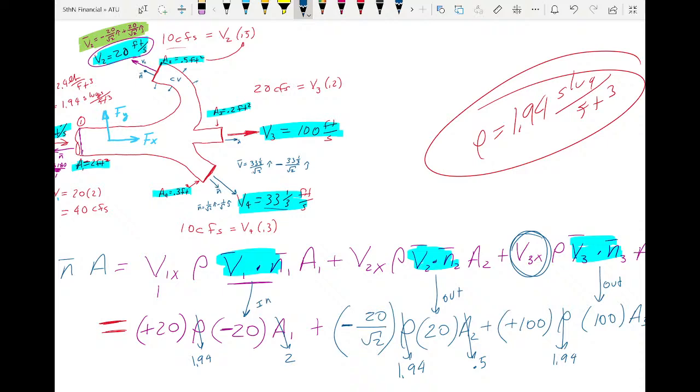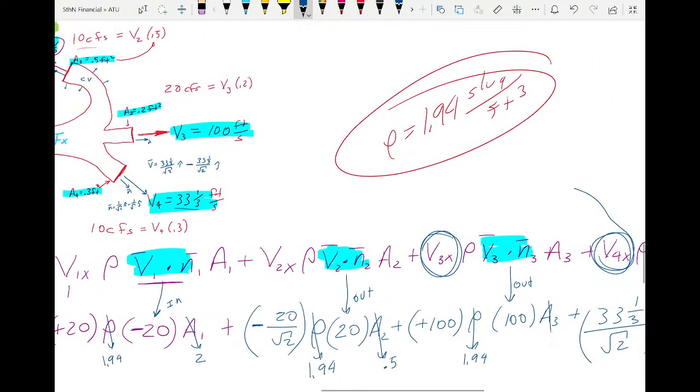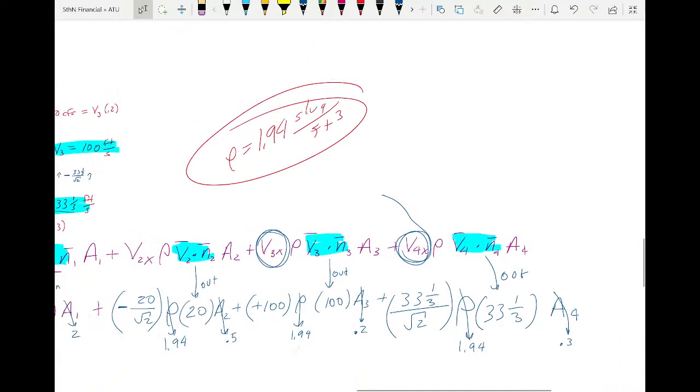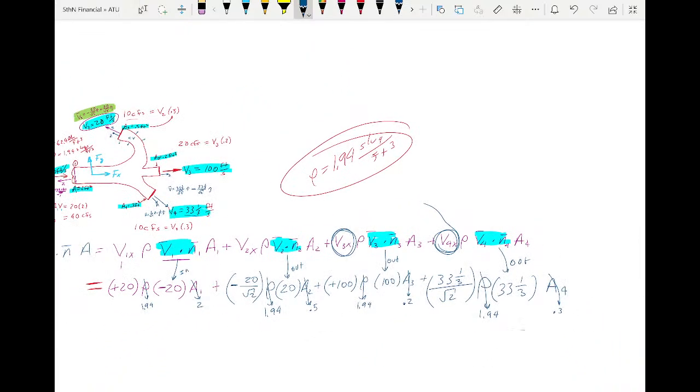Area at 3 was 0.2. The area at 4 was 0.3, and this 1.94. So believe it or not, you know every number in this part right here.